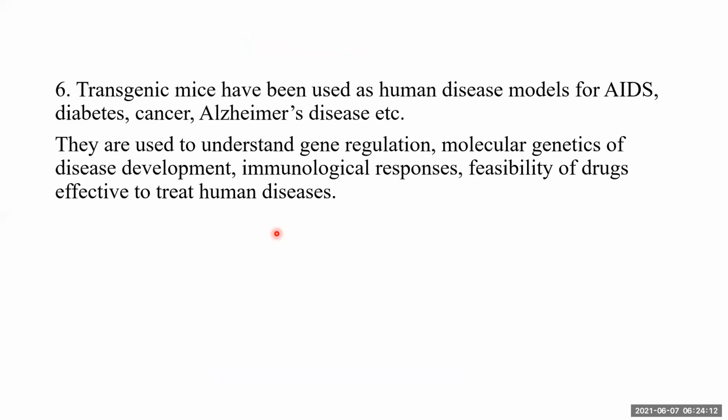Transgenic mice have also been used as human disease models to study AIDS, diabetes, cancer, Alzheimer's disease, etc. You carry out various experimental work on them. What is the effect of a drug, and what is the effect of the disease on physiology, can be studied. They are used to understand gene regulation, the molecular genetics of disease development, the immunological response that can develop in an individual, and the feasibility of drugs effective to treat human diseases.